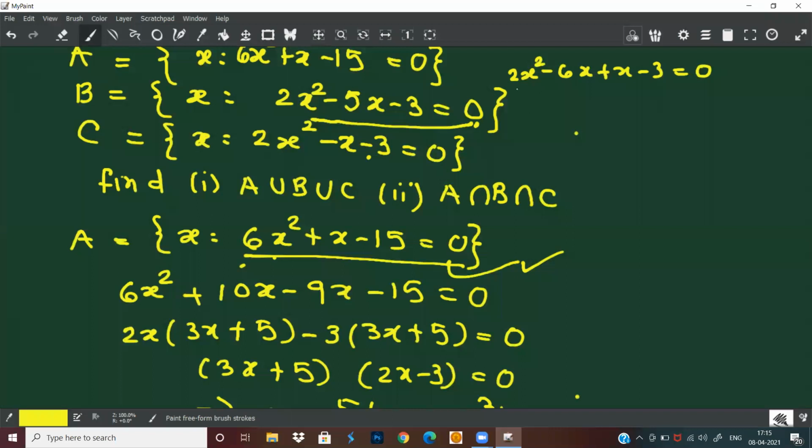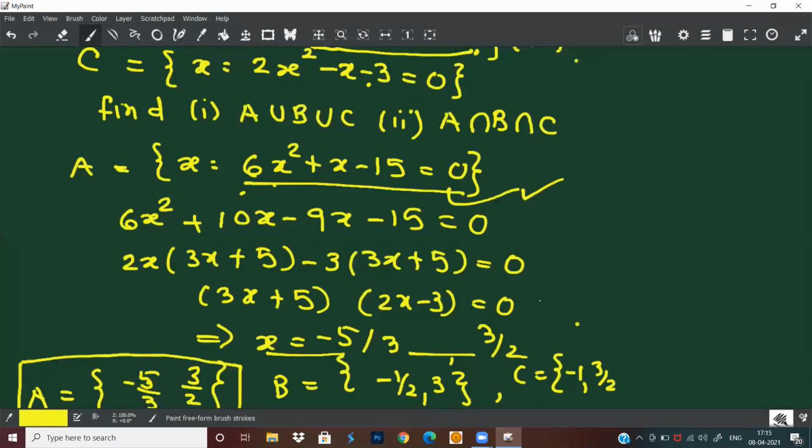Just check your answer. 2x common, x minus 3. +1 common, x minus 3. So x minus 3 into 2x plus 1 is 0. Where did -2 come from? Got it, na?